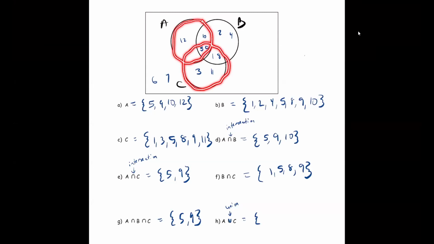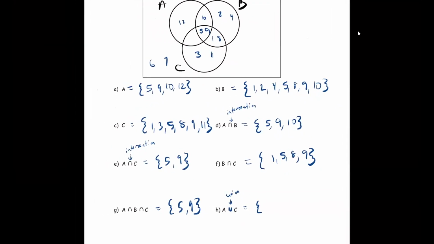Yeah, it's going to be all those that are in either A or C. All right, that's what union means.